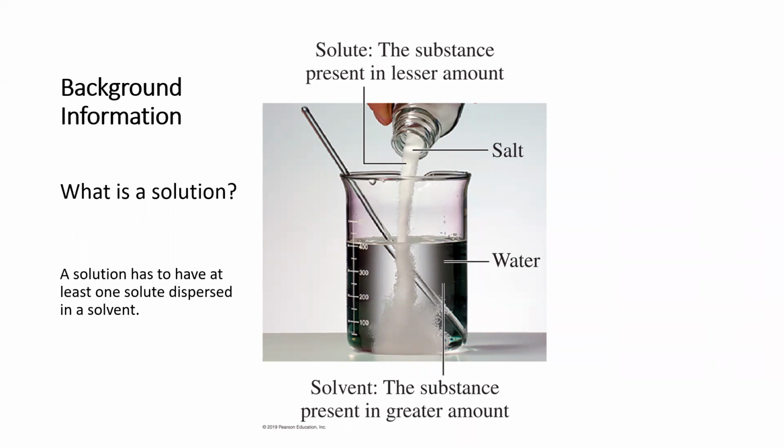The solvent is the substance present in greater amount, and in this picture, it's water. Because they're pouring salt into water, and it looks like they have a glass stirring rod, they're probably going to stir it up, and eventually it will appear as if the salt disappeared, right?